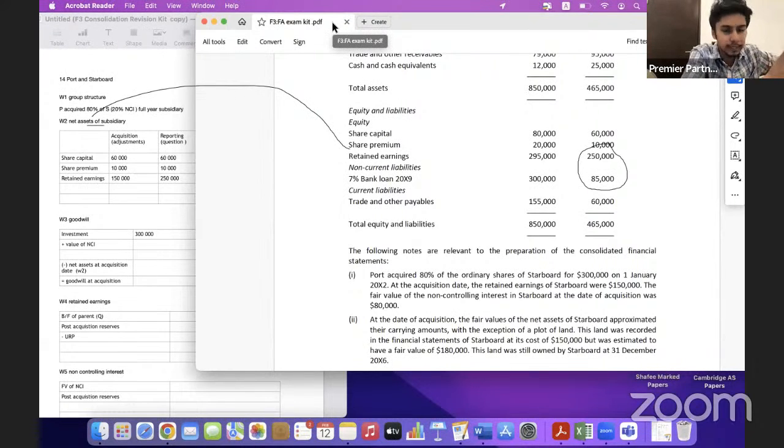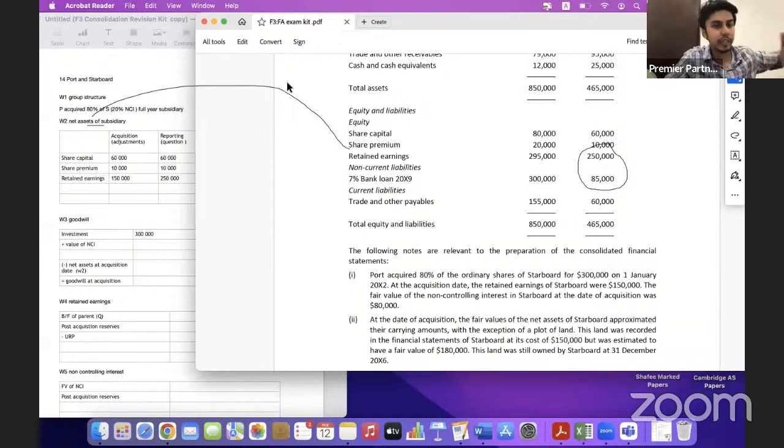Consolidation means we take over another company. So normally when you take over a company, first you have to value that company. During this valuation time, sometimes we understand some assets are worth more. That's what we call fair value adjustment.